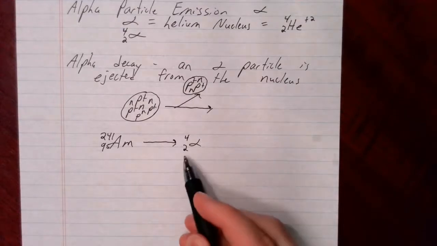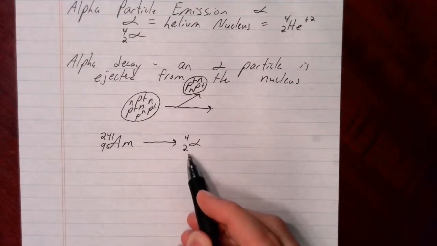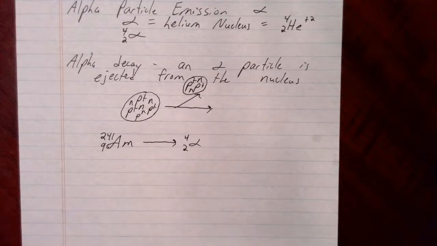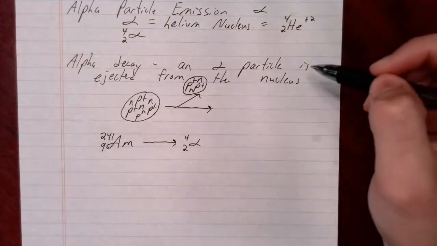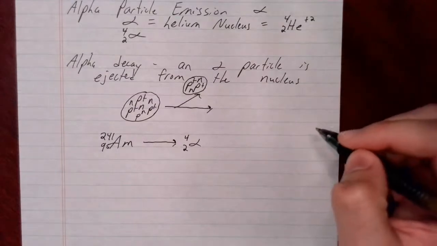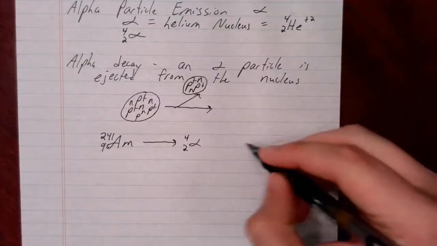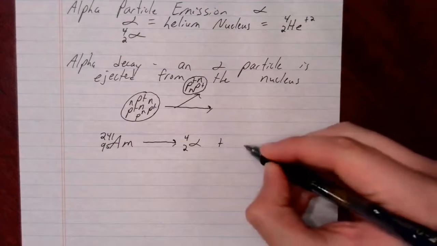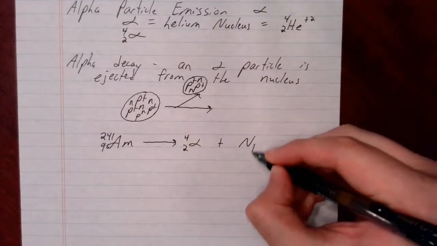If it loses 2 protons from the nucleus, we have to go to the periodic table and find what new element it is. 95 minus 2 is 93, and if you go to the periodic table and find element number 93, you find it is neptunium, Np.